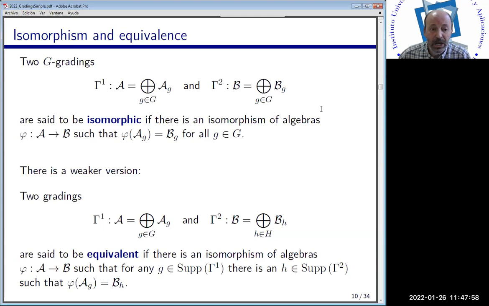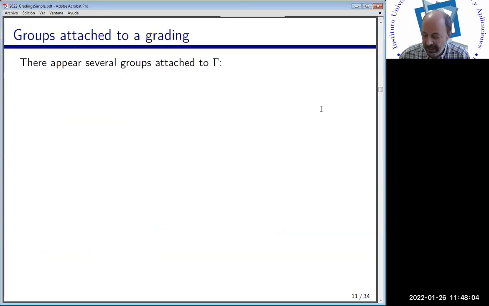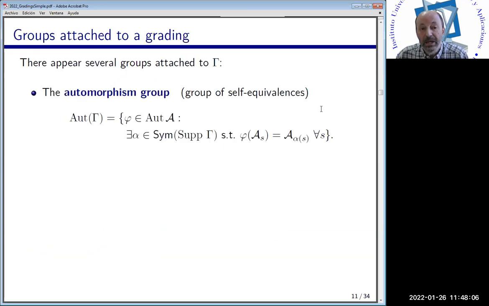Now, let me show you some groups that are naturally attached to any grading and become invariants of the grading. One is the automorphism group, which is the group of auto-equivalences, self-equivalences. So these are the automorphisms of the corresponding algebra that permute the homogeneous components.